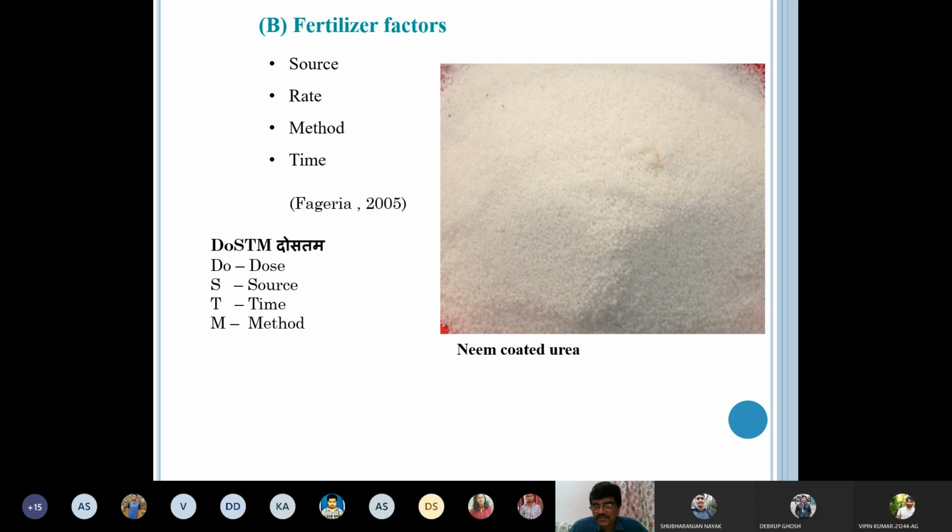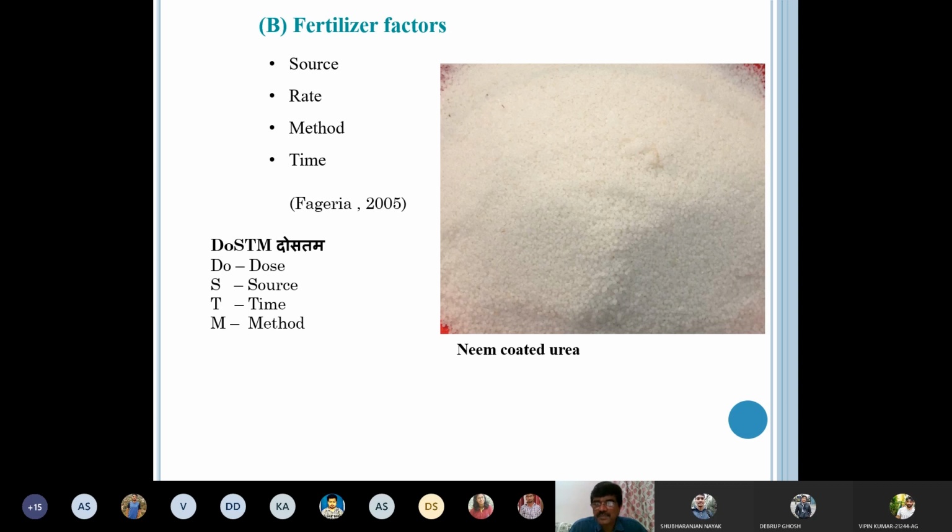For example, in case of phosphorus, you have single superphosphate, DAP, MAP, or TSP, triple superphosphate, and you also have rock phosphate. All other fertilizers are water soluble, and rock phosphate is even citrate insoluble. So in this case, the use efficiency of water soluble P fertilizer will be more than the rock phosphate.